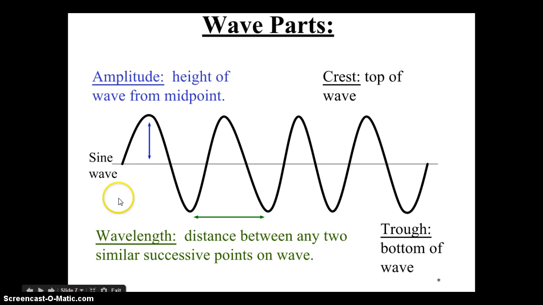If I tell you that the distance from the trough to the crest is 2 meters, you would take that number and you would cut it in half so that you just have the amplitude from the equilibrium position to the crest, and that would give you a 1 meter amplitude. Right? Like I said, the crest is the top of the wave. The trough, kind of like what animals eat out of, would be the bottom of the wave.